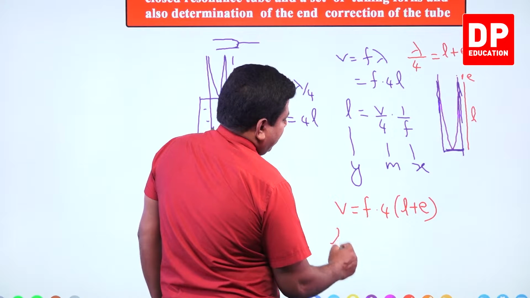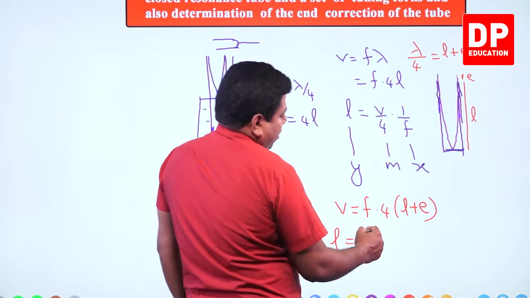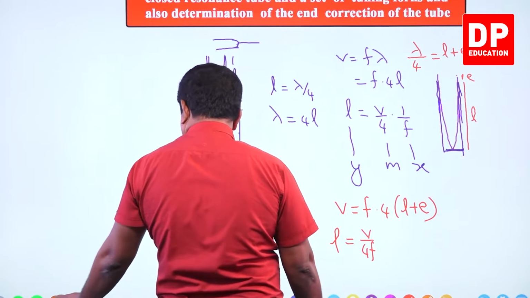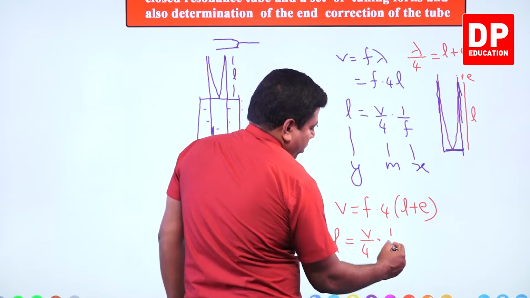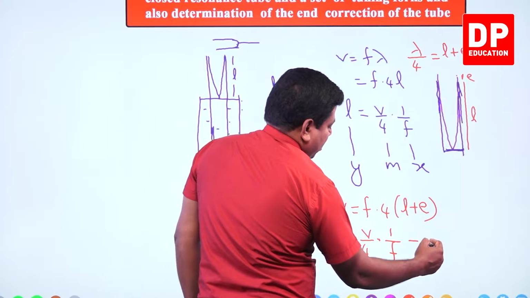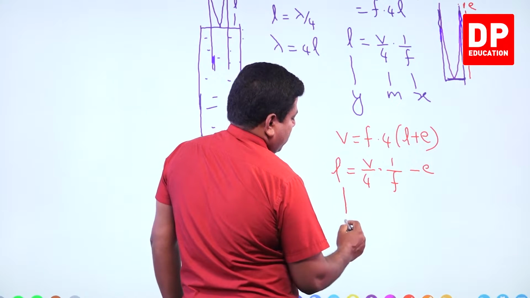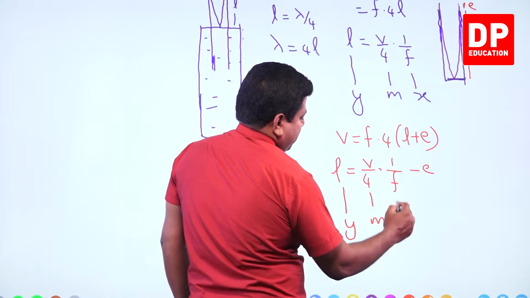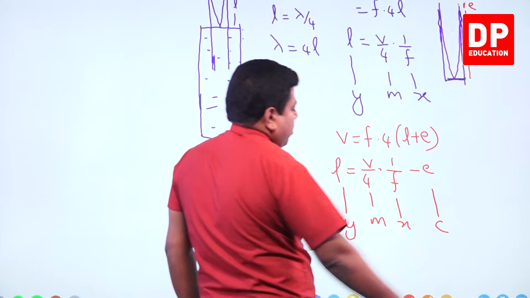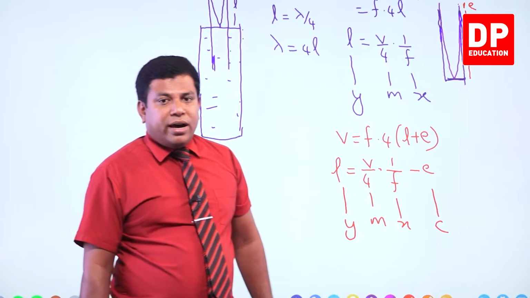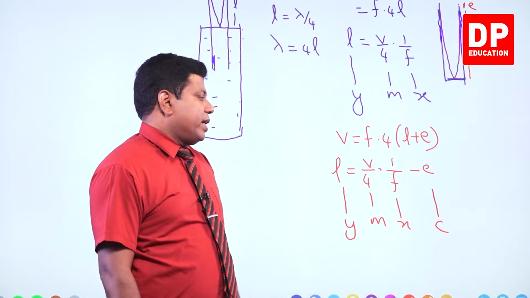From this you will get L equals V by 4 into 1 over F, minus E. This E will go to the other side as minus C. Y equals mx minus C. So with a negative intercept, you get a graph.